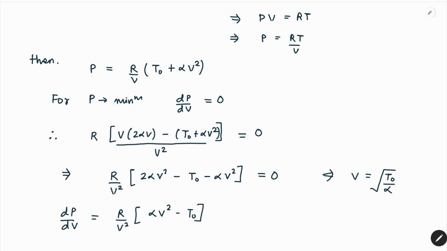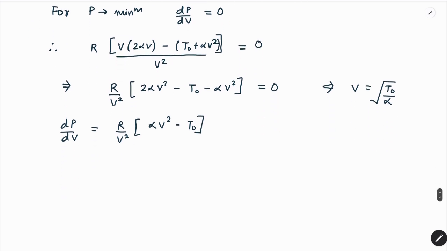Now we are going to calculate the second derivative. To check if this is the minimum value, we need to check the second derivative, d square P by dV square. The denominator is squared, V to the power 4, and we differentiate the numerator keeping the denominator constant.